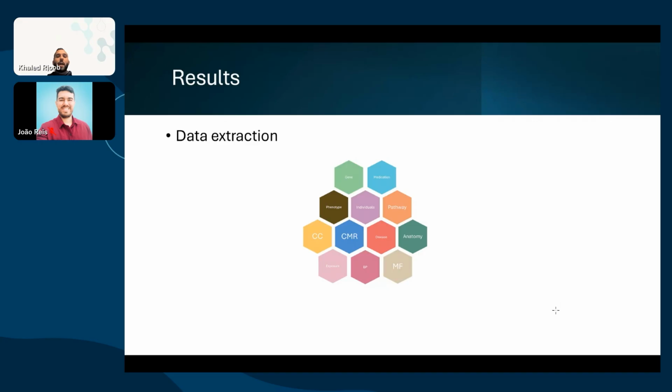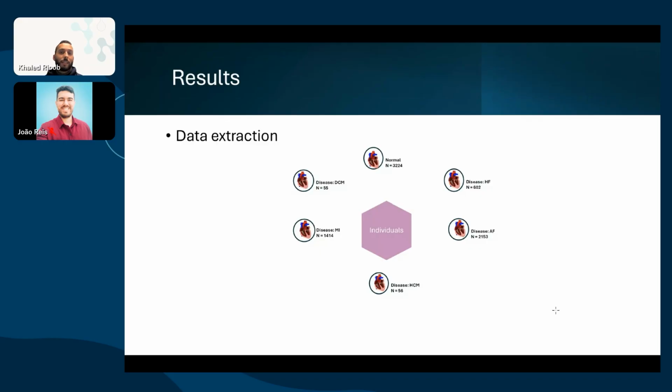From the 19 databases that we used, we extracted 12 entities. In the individual entities, which refers to the patient entities, we have around 7,000 individuals. More than 90% of them come from different cardiovascular diseases, such as heart failure, myocardial infarction, and dilated cardiomyopathy.